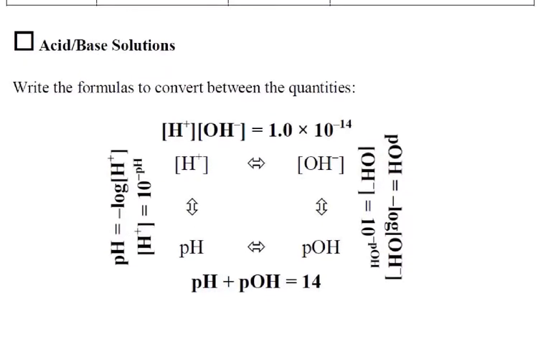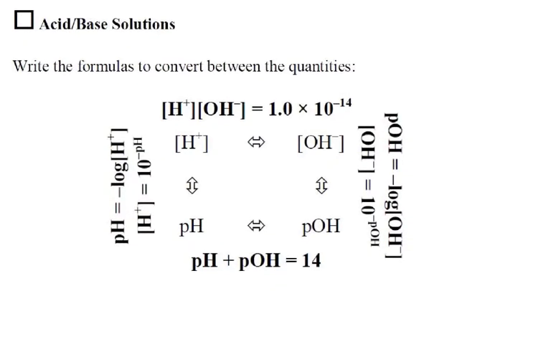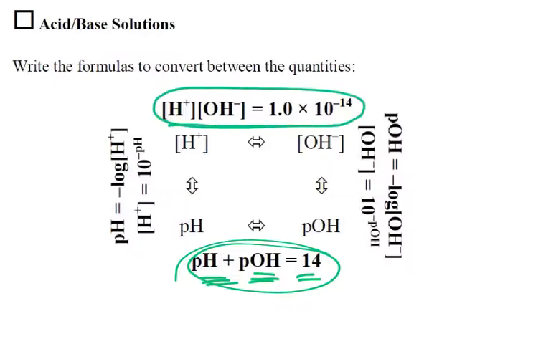Now there's a bunch of formulas in here, and we're not going to ask you these formulas, but you are going to use them. So one little idea here is that the pH plus the pOH always adds up to 14. So if you know the pH, you can subtract from 14 to get the pOH, and vice versa. So that's a really nice little formula. And the same way, the H plus times the OH minus is always 1 times 10 to the negative 14.